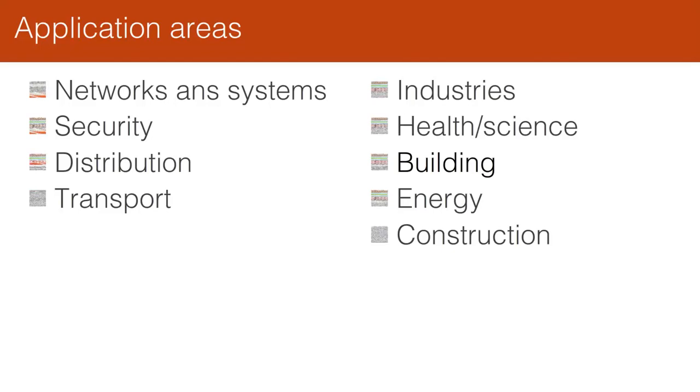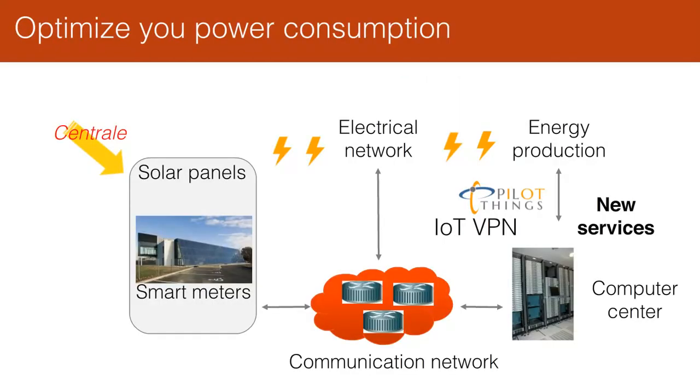Let's take a closer look at an example of the application of connected objects in the energy field. We will see how to deploy smart meters measuring the energy consumption that will enable the implementation of smart metering. To achieve this, we must first relate a set of elements.